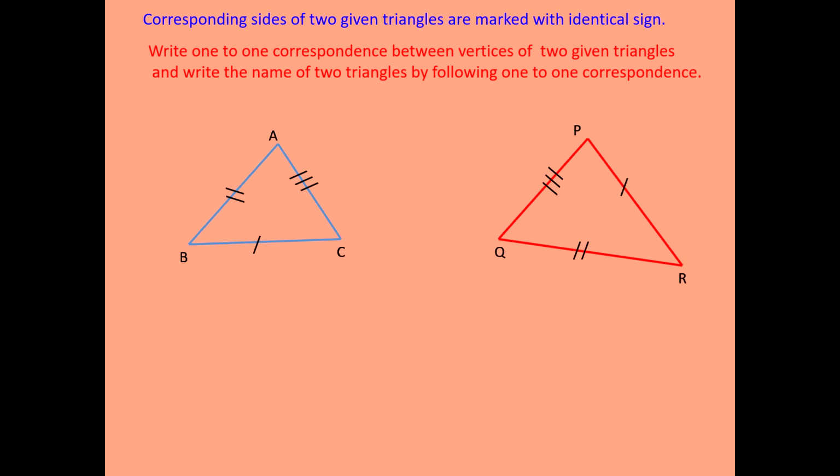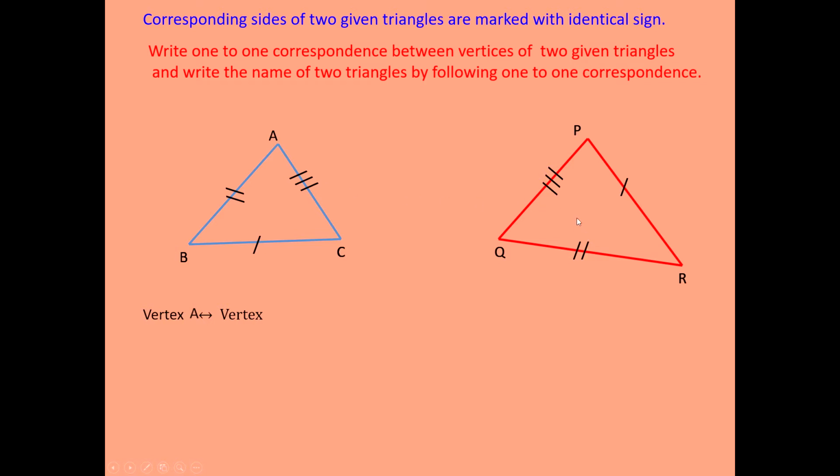Here are the two triangles given to us, triangle ABC and triangle PQR. So let us see now which vertex belongs to what. Vertex A is made from two sides marked with 2 and 3 dashes.